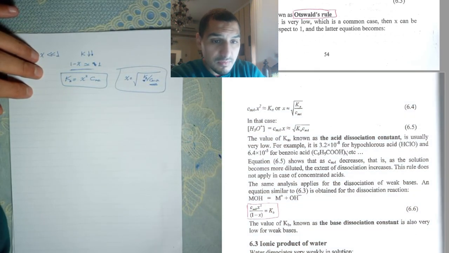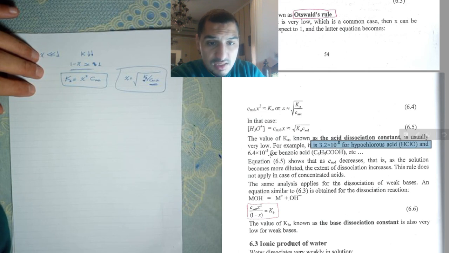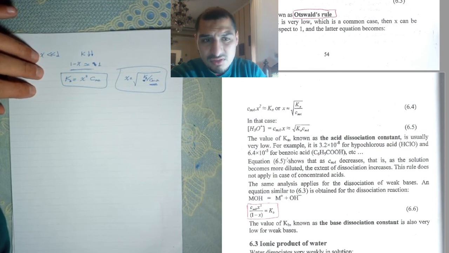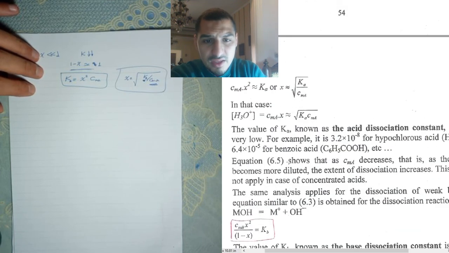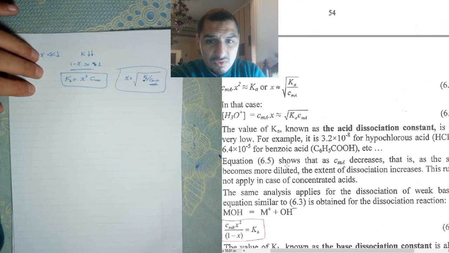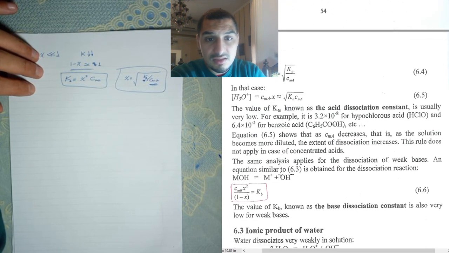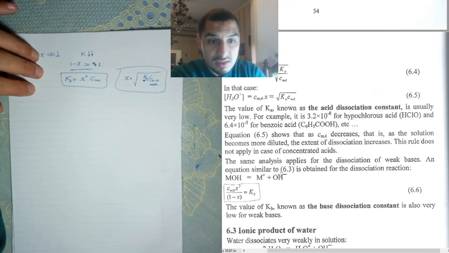We have here some typical values of it, for instance 3.2 multiplied by 10 to the minus 8 for hypochlorous acid, and for benzoic acid it is 6.4 times 10 to the minus 5. So it's a pretty small value, and this confirms the assumption that we mentioned in the beginning, that we can ignore the X in the denominator compared to the 1 in the numerator.